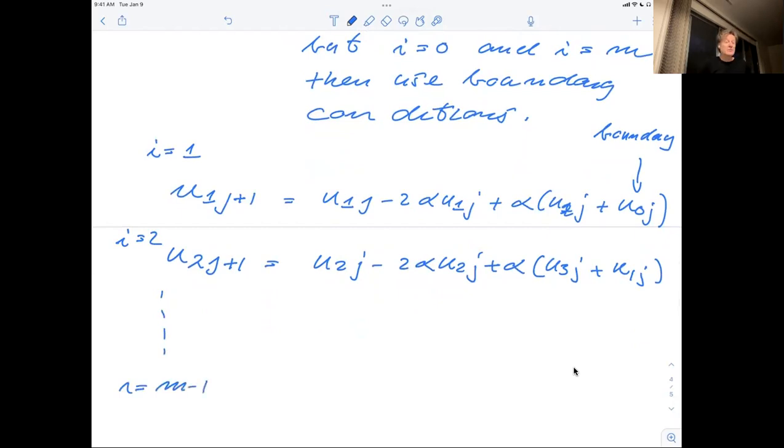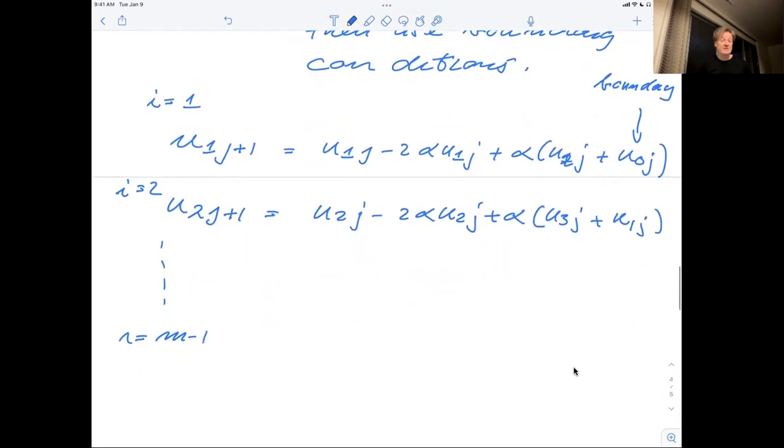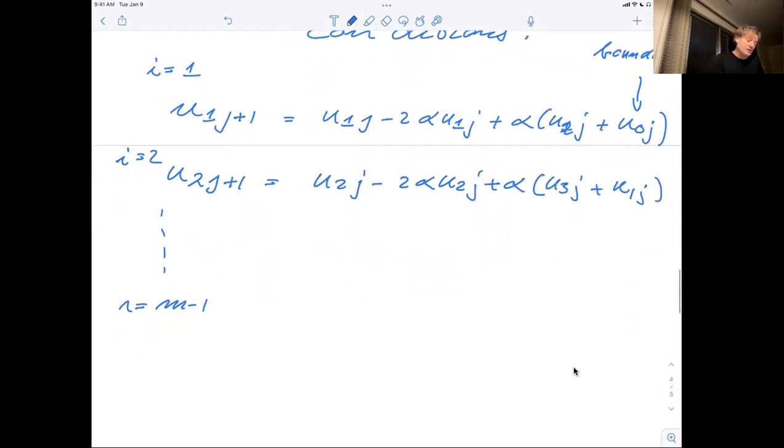So remember now that the endpoints are known. Alternatively, if you have a value which is different from 0, you can always insert the values of the endpoints. So there's no problem in doing that, but you just have to be careful when you're setting up the matrix and vectors which you want to evaluate. So if we go to the second last point, this would be u of m minus 1 of j plus 1.